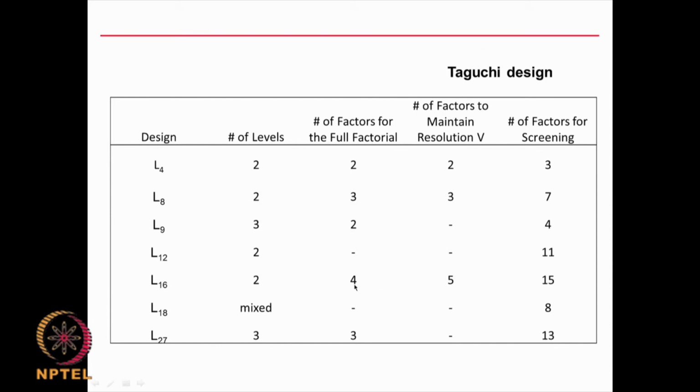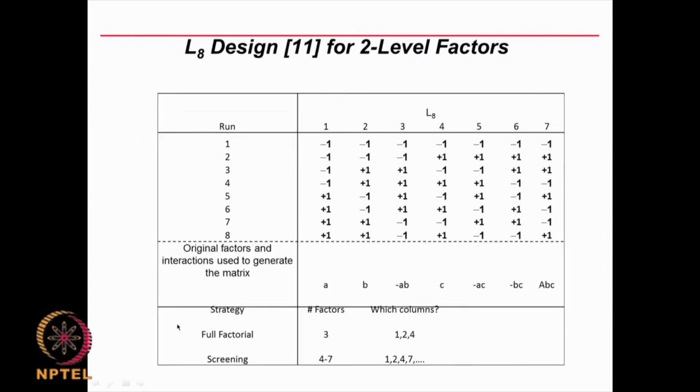Full factorial of 4, I can go up to 5 factors and maintain resolution 5. If I want to do a screening design, I can go up to 15, just like your Plackett-Burman experiment. And then there are L18 designs, that means 18 experiments, 27 experiments and so on.